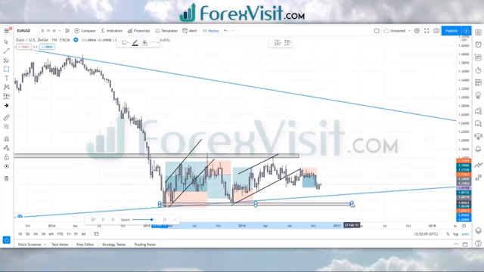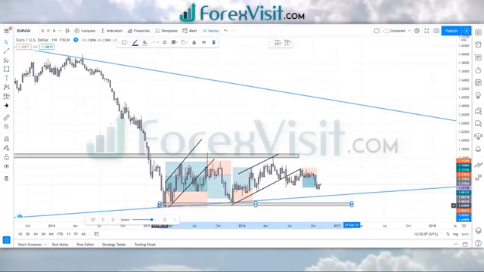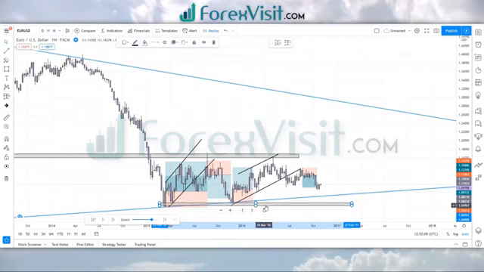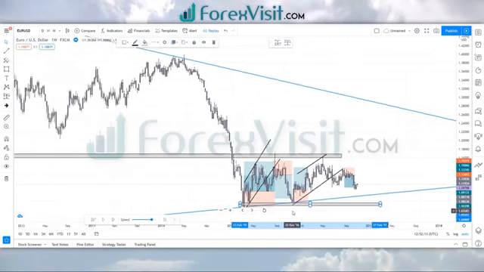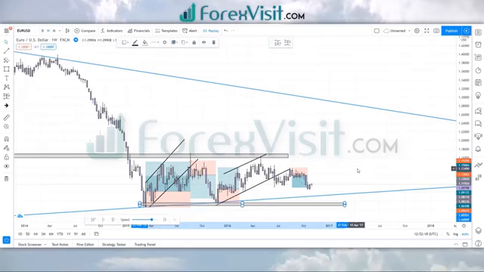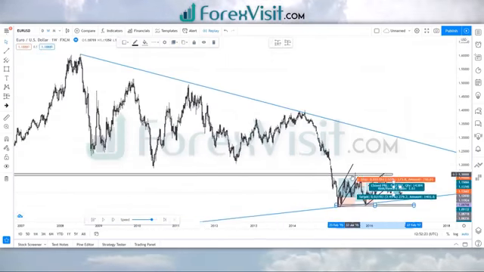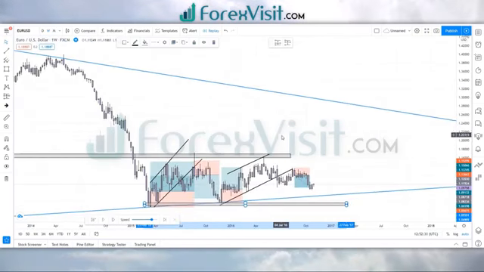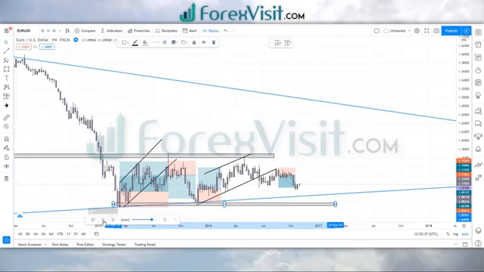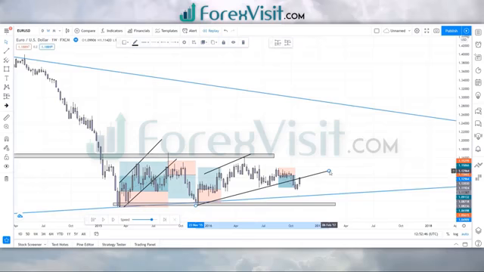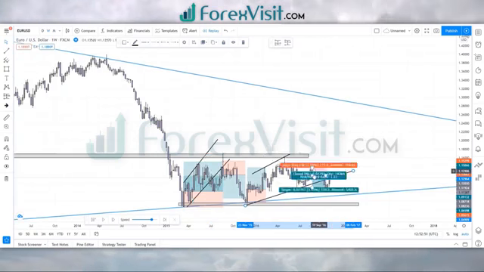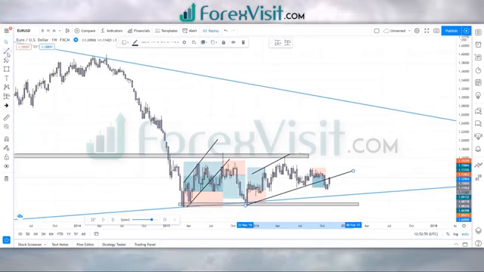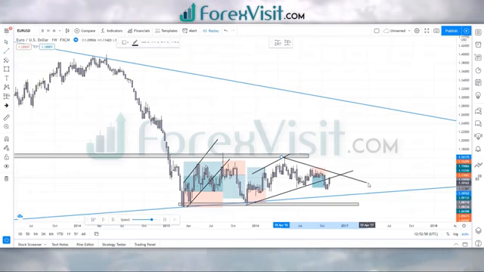Now it's time to draw one more zone area to understand the market's next movements. Here we need to draw a supportive trendline for extra confirmation.